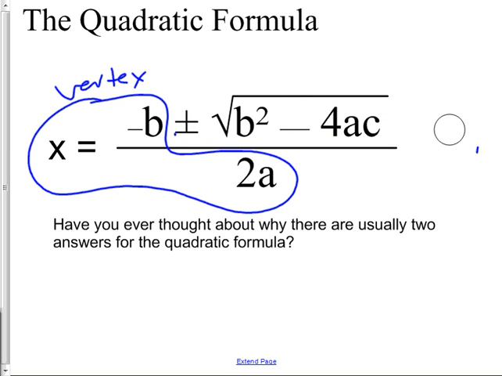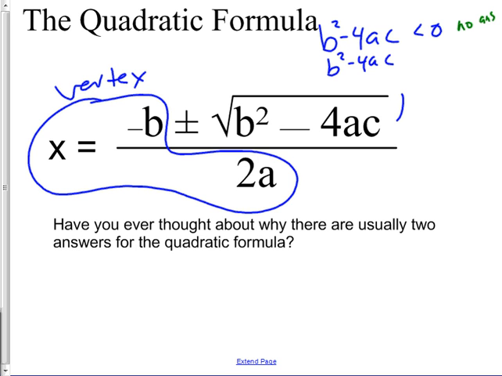So that means that the b squared minus 4ac part tells us a lot. If b squared minus 4ac comes out less than 0, that means negative, then you have no answers. If b squared minus 4ac comes out equal to 0, you only have one answer, and it's the vertex.